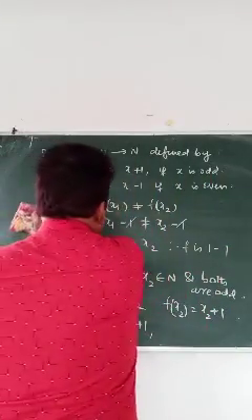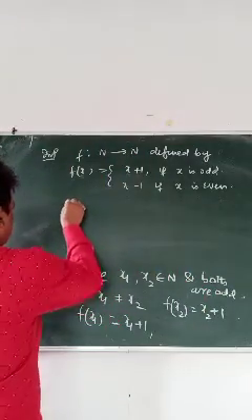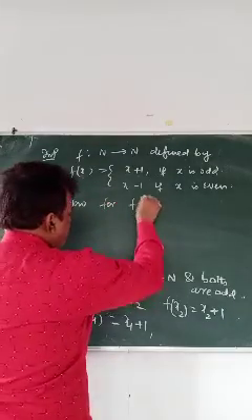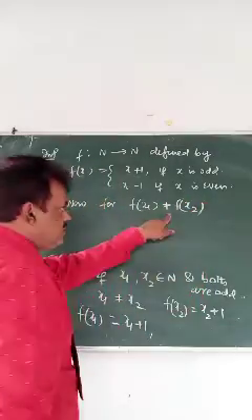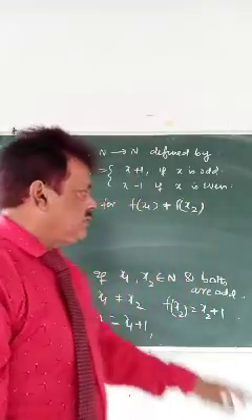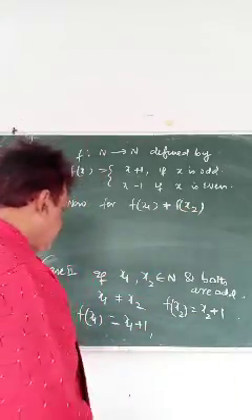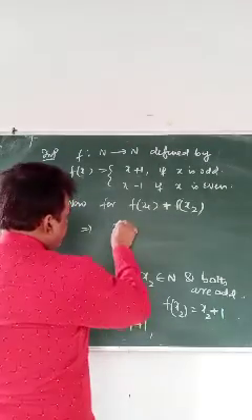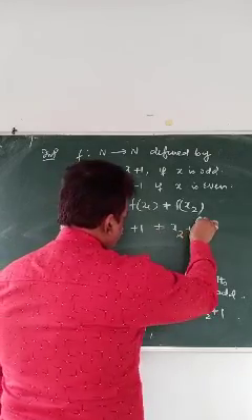Okay, then for f(x1) not equal to f(x2), what should you prove? You should prove that x1 is not equal to x2. That means you will get x1 plus 1 not equal to x2 plus 1.